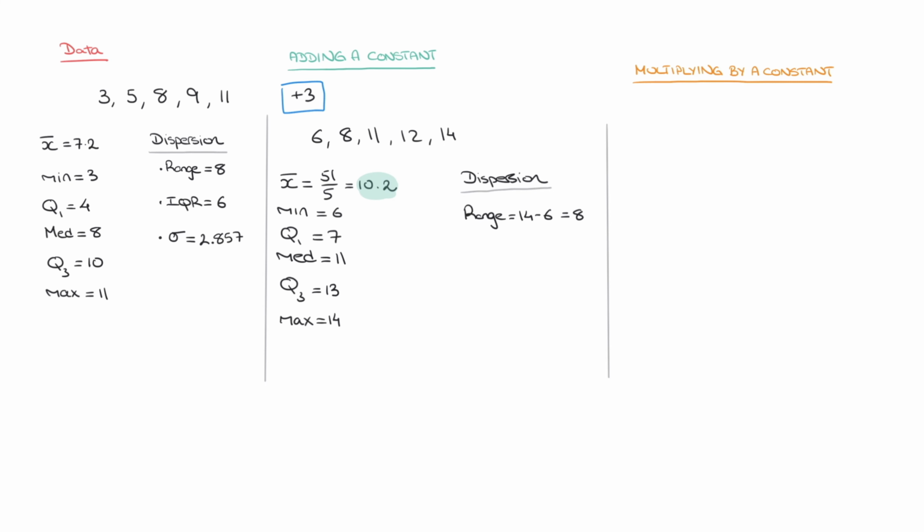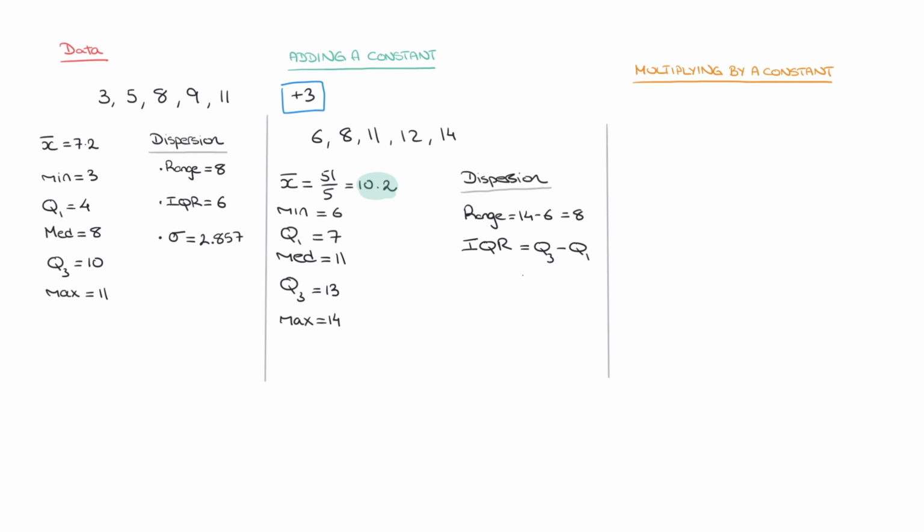And so clearly, although we've added 3 to all of the numbers in our list of data, the range hasn't changed. Next, let's look at the interquartile range, which originally was 6. Now the interquartile range, IQR, remember is equal to the upper quartile, Q sub 3, minus the lower quartile, Q sub 1, where the upper quartile here is 13, and the lower quartile is 7.